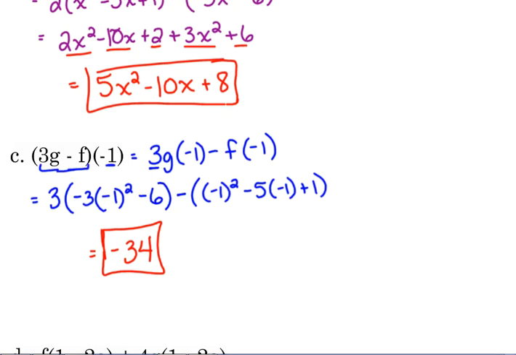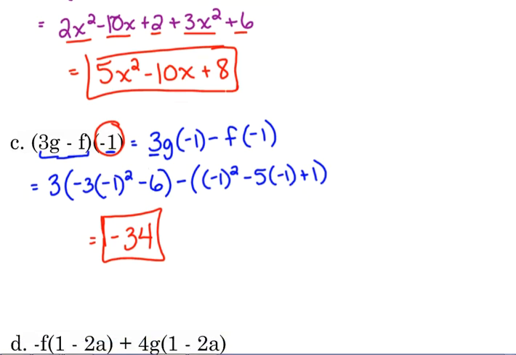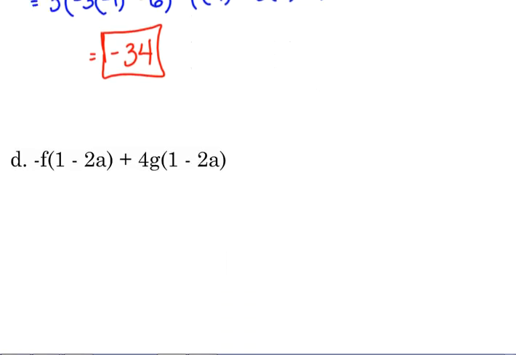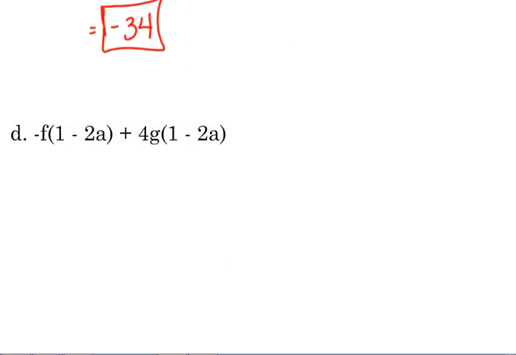Okay. Again, anytime there's a number right there, you're going to get a number as your answer because you're evaluating that linear combination. Anytime there's a number right there, your answer should be a number, no variables. All right. One step further.